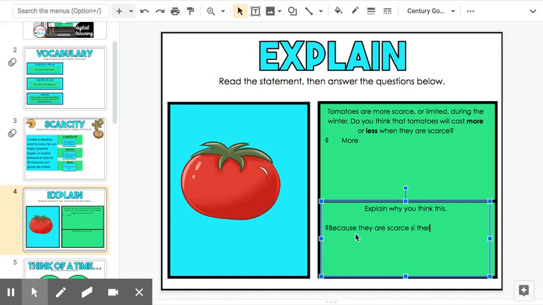So there are less to go around. So because the tomatoes are scarce, there are less tomatoes to go around. And therefore, the company can charge more because they're going to be in demand. So people are going to want tomatoes, but there aren't enough to go around. So they can charge more when you go and buy a tomato. It might be more expensive.